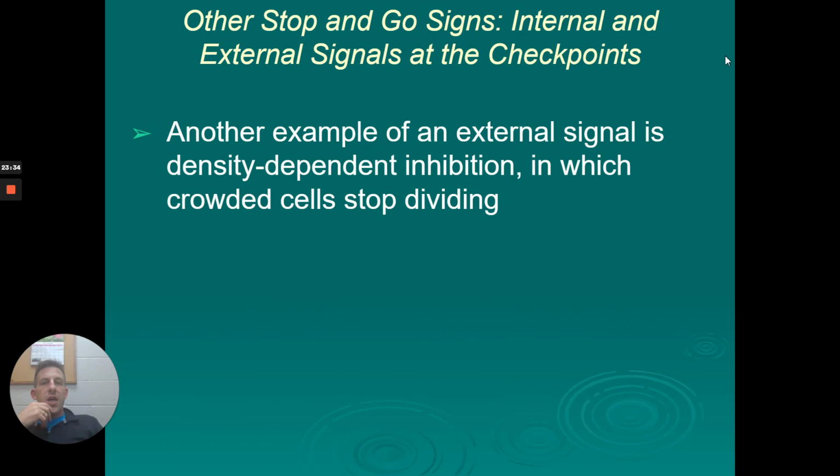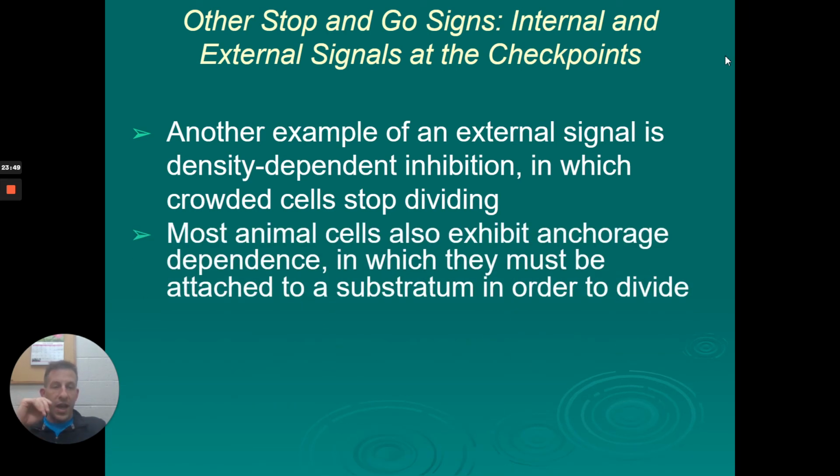Another example of an external signal is density-dependent inhibition signals, and this tells crowded cells to stop dividing. We're going to cover this one more in depth as we work our way through the next slide. And also we have some animal cells that exhibit something called anchorage dependence, which tells cells that if you're not attached to something, you don't need to be dividing right now.